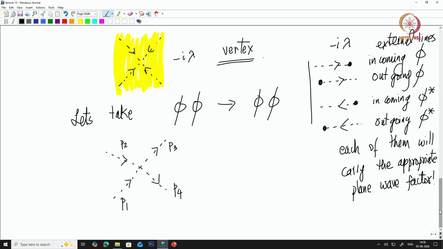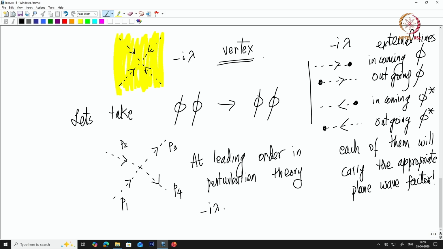So at the leading order in perturbation theory, you only pick up minus i lambda, and each of them will carry a plane wave factor.